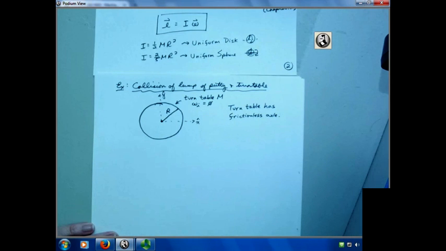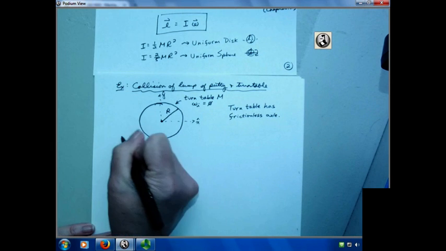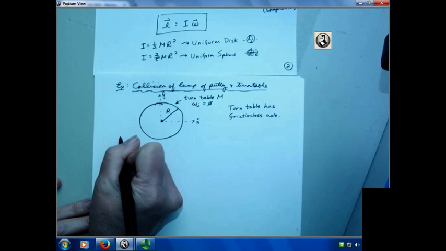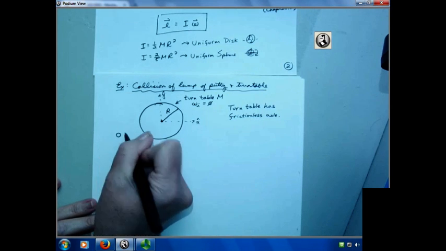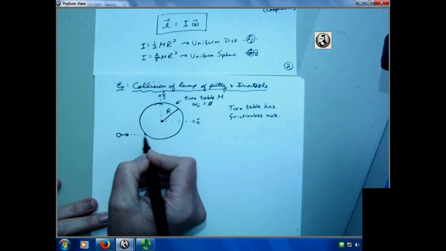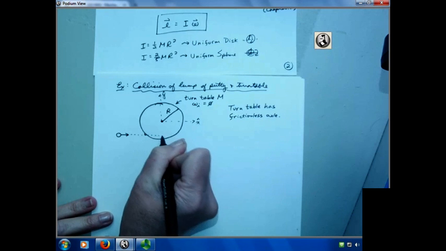So I'm looking at this from above. I've got this turntable, and I'm going to imagine throwing a lump of putty so that it comes right in and splats and sticks to the turntable at some later time, but initially it's just being thrown.